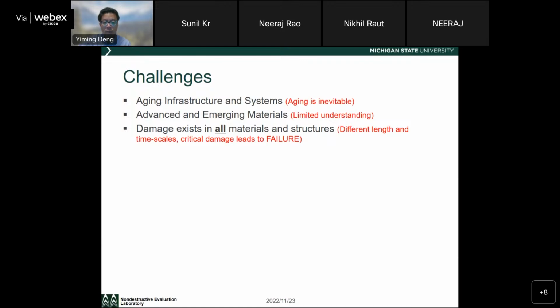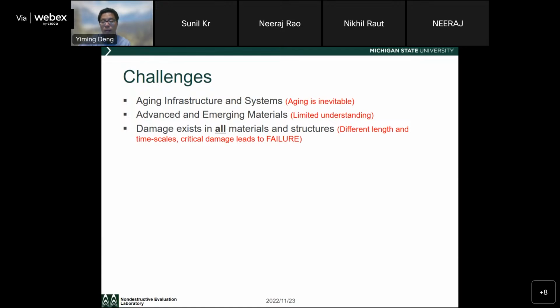And believe it or not, damage exists in all material structures. Well, we have to go back to the fundamentals of the damage definition. If we look at damage as material discontinuities, for example, in the microscopic view, the dislocations in the metal, or different precipitates in the metal changing over time, then damage exists in all types of materials.